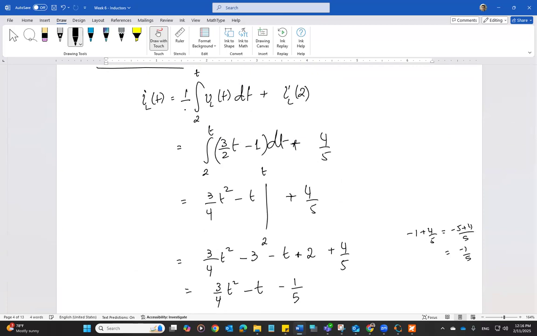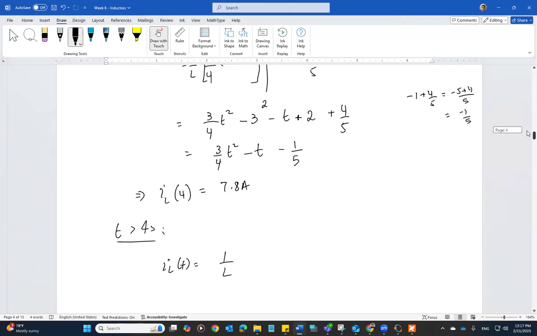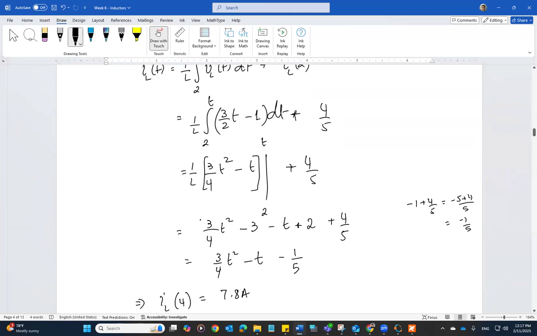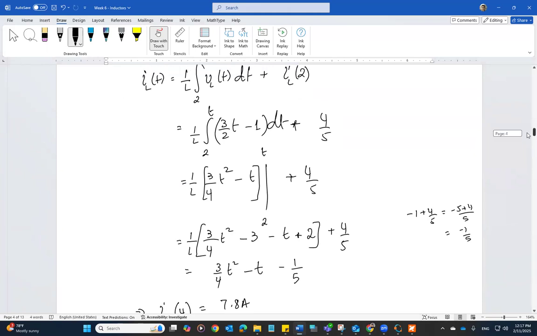Interesting. 1 over L, and that is going to change things a little bit. So let's go ahead and calculate that.